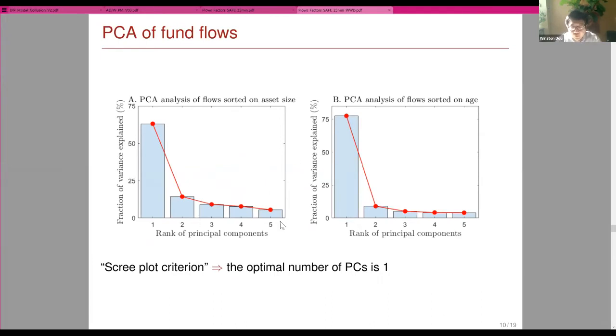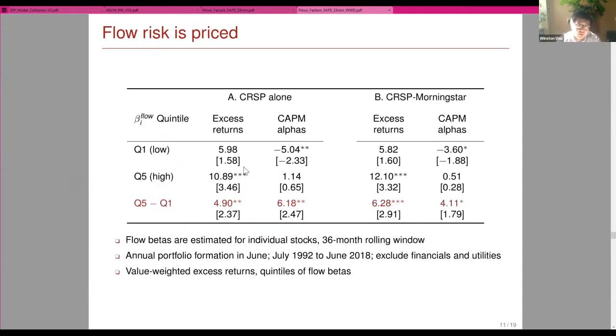The main message from here is yes, there's one dominating factor that drives almost all the fluctuations across different groups of the flow shocks of different groups of funds. So very naturally, based on this, we can use the first principal component as an empirical proxy for the so-called common fund flows. Okay, now given the common fund flows we have, we can test our asset pricing and institution asset allocation implications.